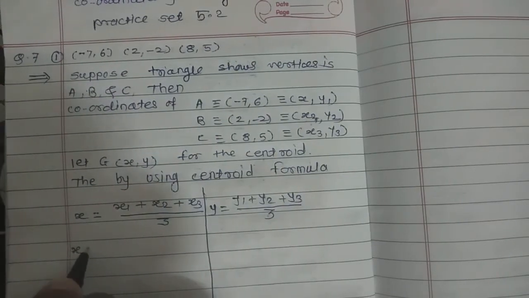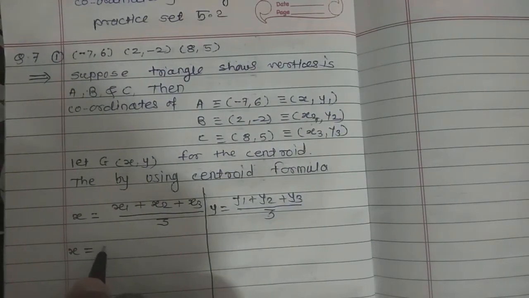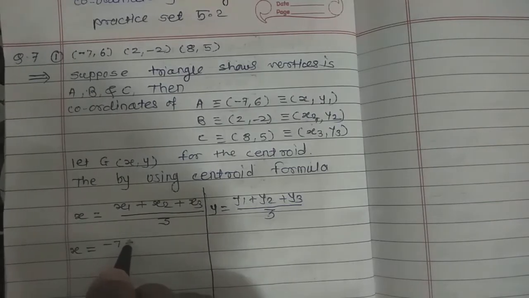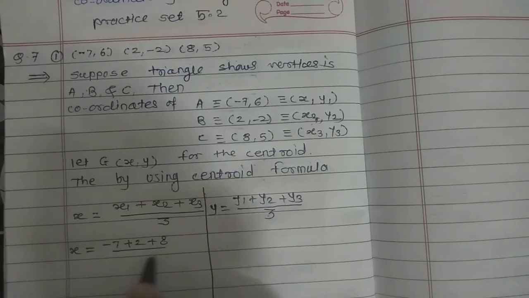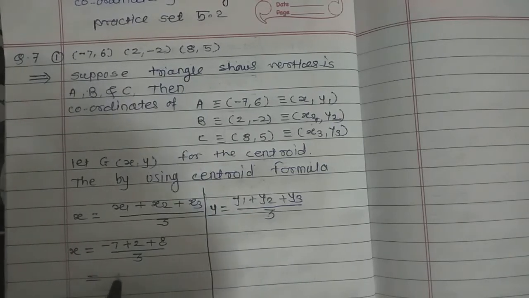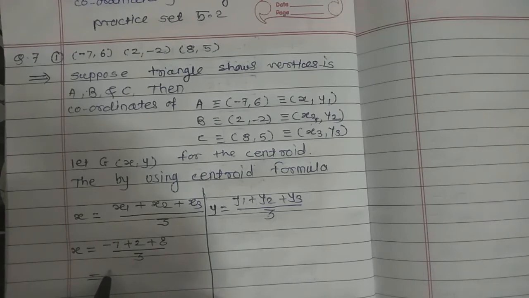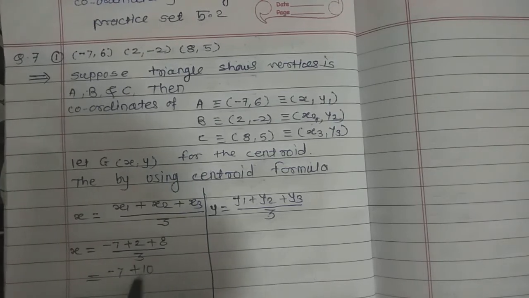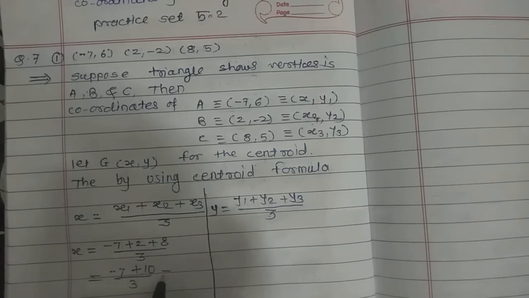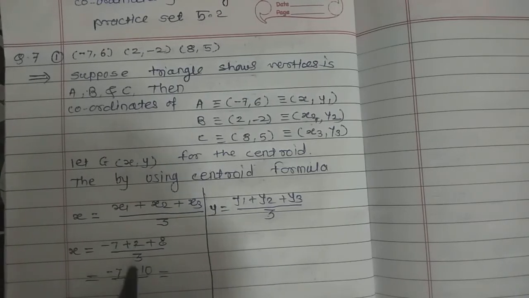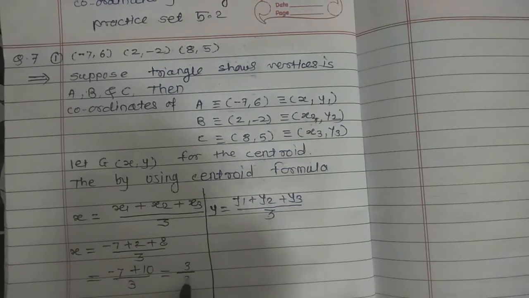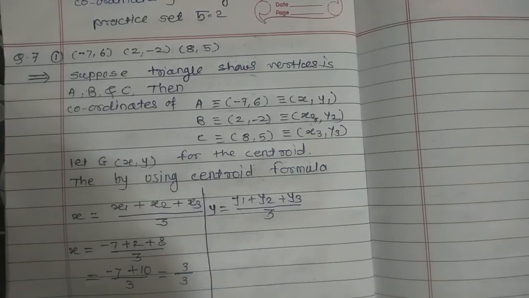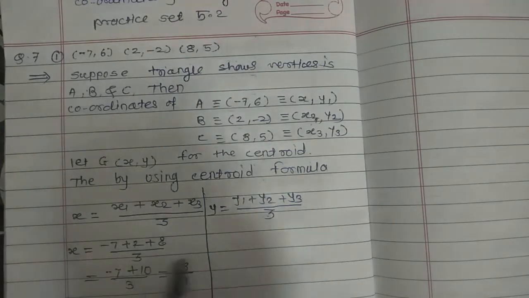So x is equal to -7 plus 2 plus 8 upon 3. So 2 plus 8 is 10, and -7 plus 10 is 3, so 3 upon 3, and hence x is equal to 1.